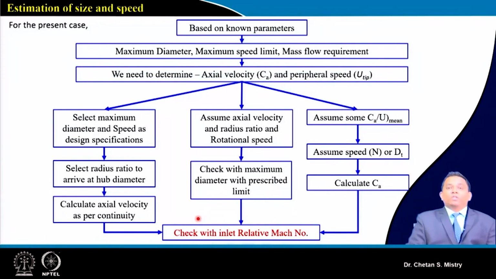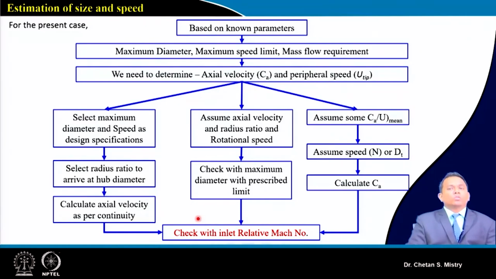Now as we have discussed, we are more interested in calculating the geometrical dimensions, that means the size. Based on input parameters, we need to decide the maximum diameter, maximum speed and mass flow rate; these 3 parameters are defined to us.